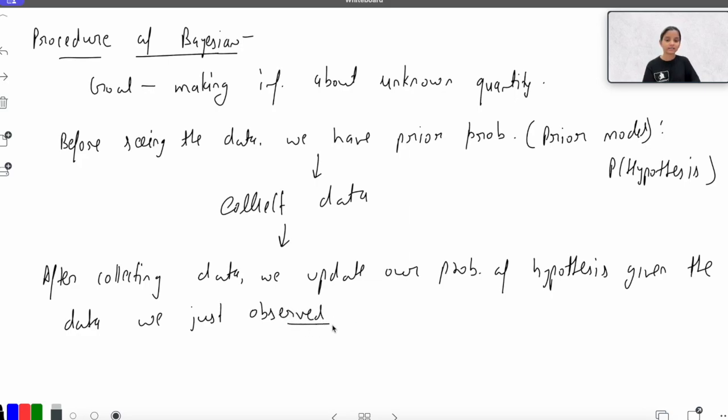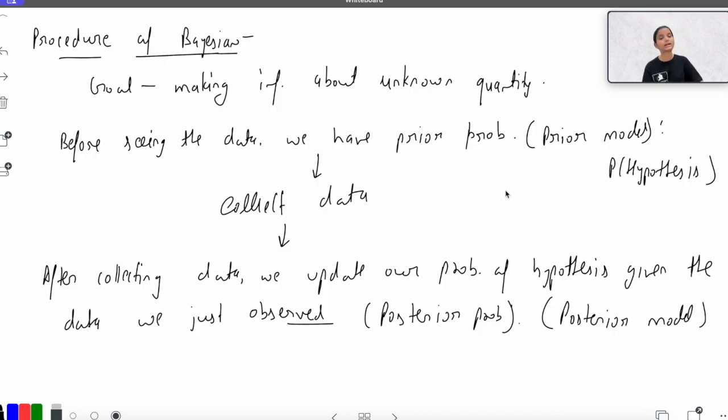That is said to be the posterior probability. And in the broader cases, as I have discussed, we will actually be creating a posterior model, a posterior probability model.